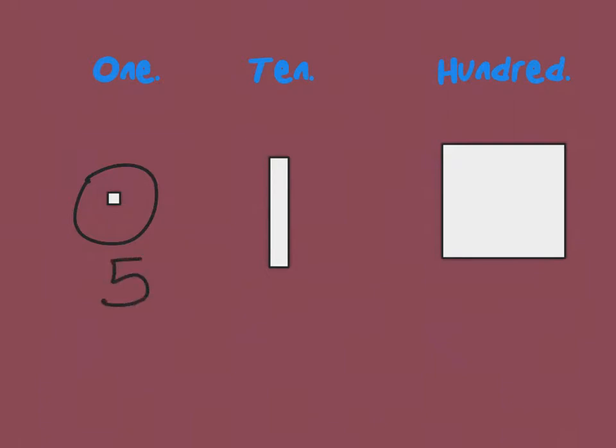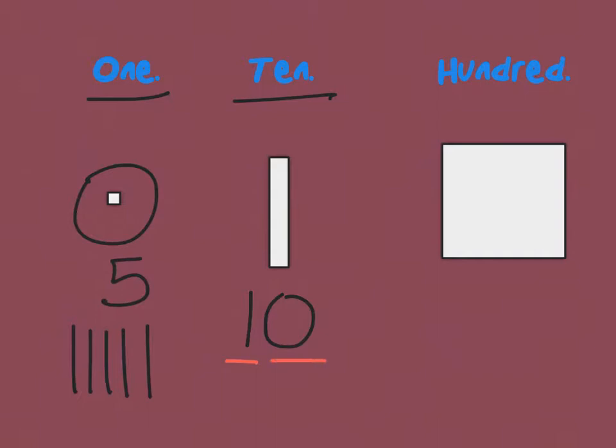This indicates that you have 1, 2, 3, 4, 5 units in the ones place value. The number then switches to the tens place value once it reaches 10. The number 10 is written as 1, 0, indicating that there is one set of tens and 0 sets of ones.